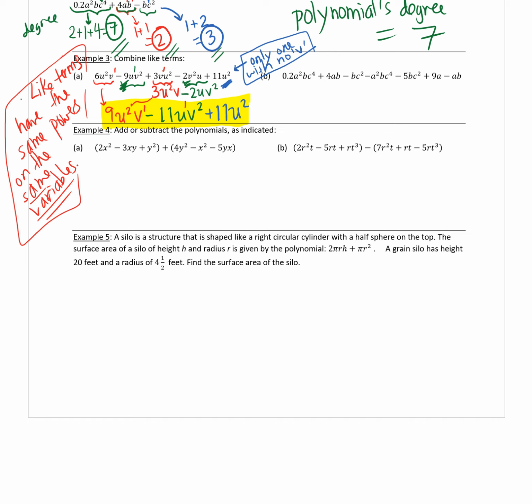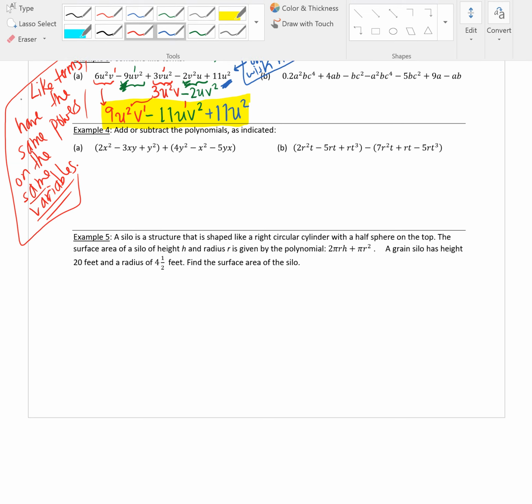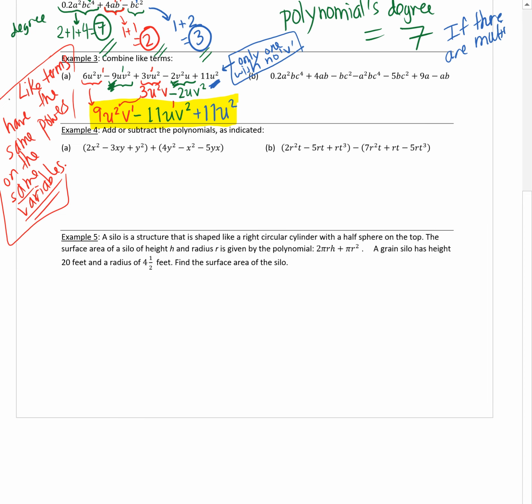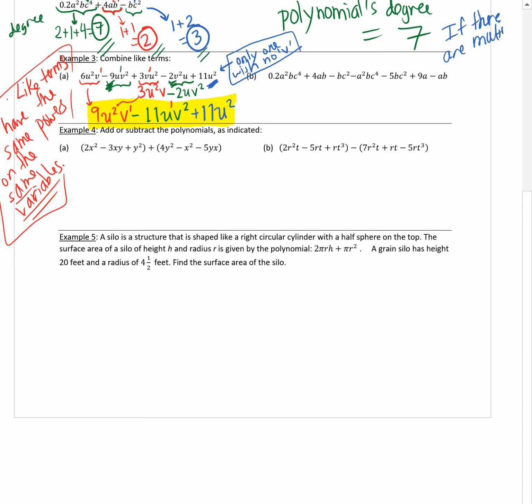So we'd say, wait, which one should go first? The whole thing about descending powers goes out the window, and you don't need to worry about it when you have multiple variables. So keep that in mind.